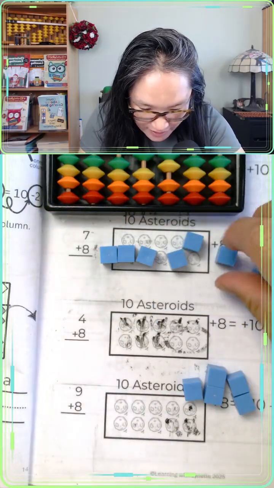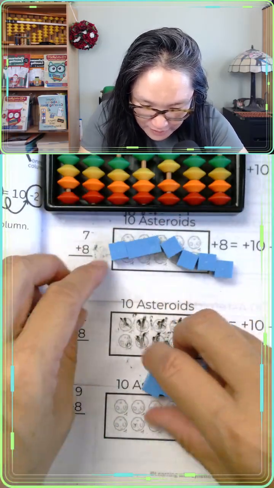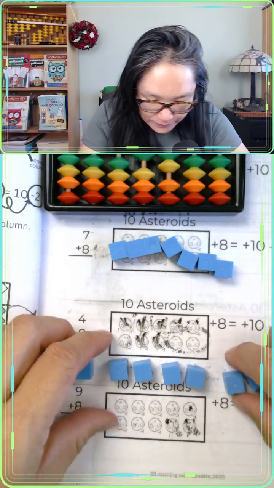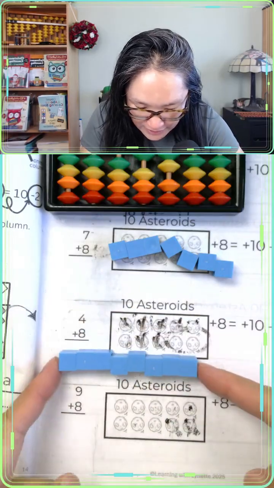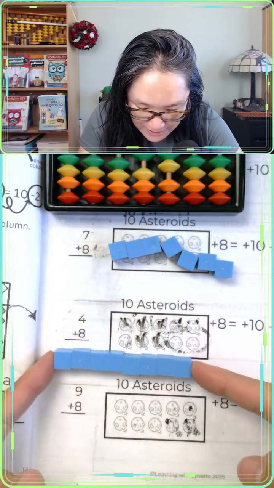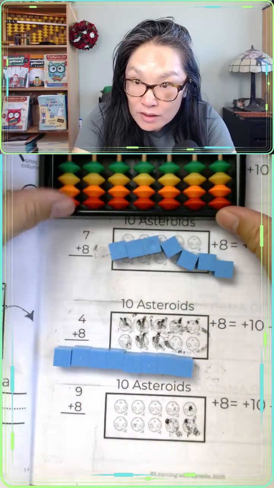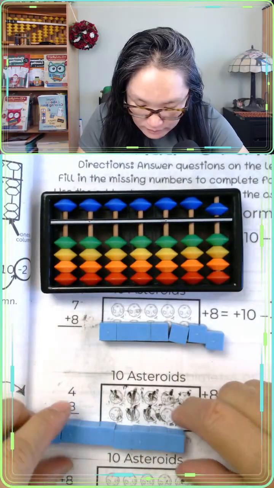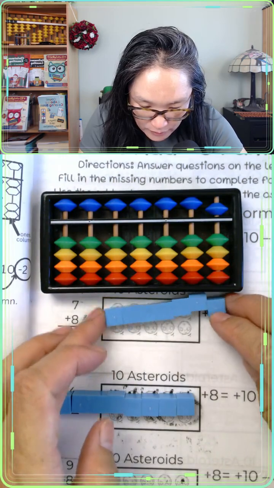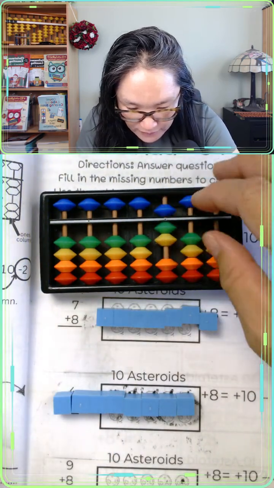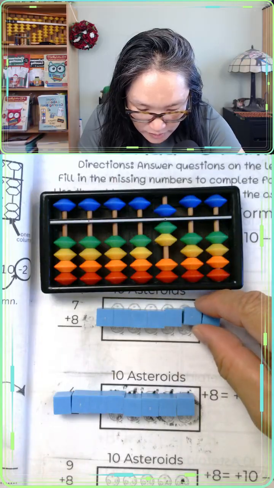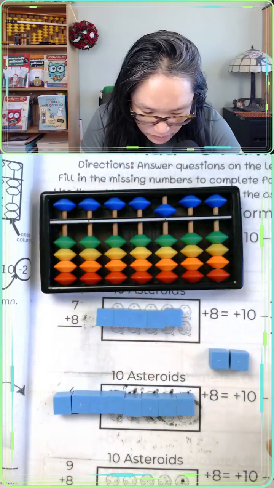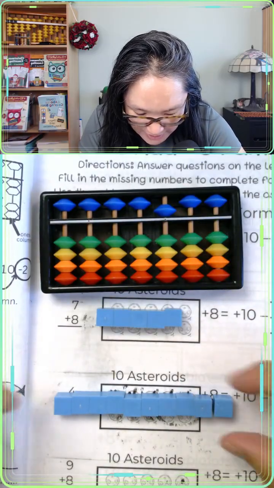3, 4, 5, 6, 7. Right? And then we have 8. 1, 2, 3, 4, 5, 6, 7, 8. We have 8 here. But guess what? We want to make this a 10. So we have 7 and we have 8. We're going to take away this 2, take away that 2, and add it here to make it a 10.